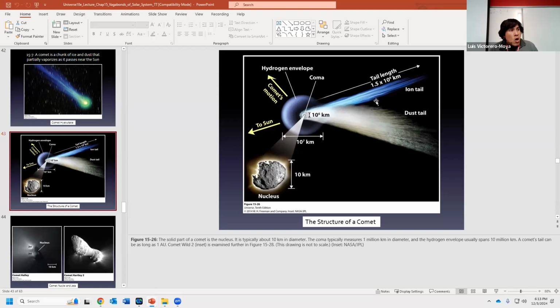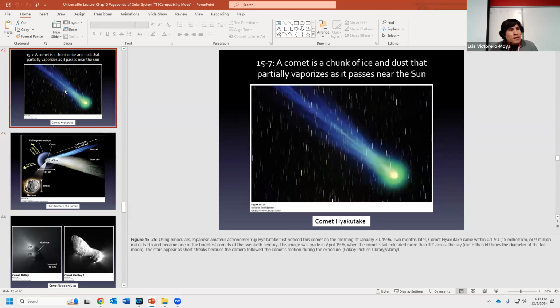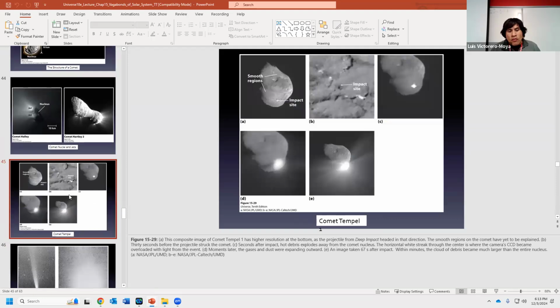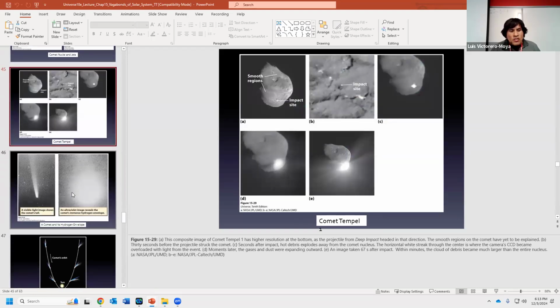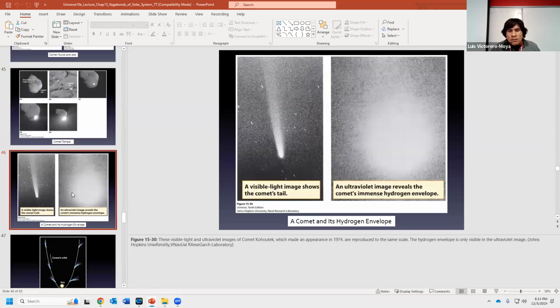So that's how long the tail of a comet can be, which explains why they are easy to visualize, to be found, right? So it's easier for us to track the orbit of comets, right? Because of their composition, because of their tail, because of the visible light that they emit, right?